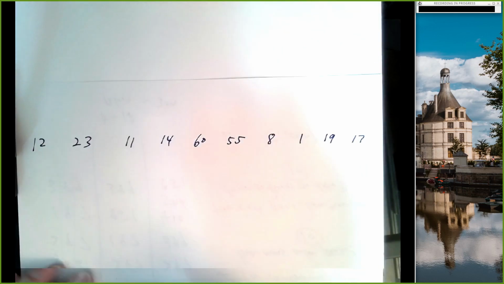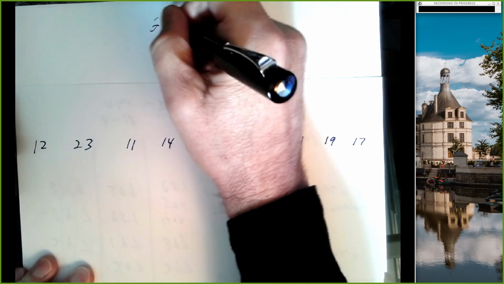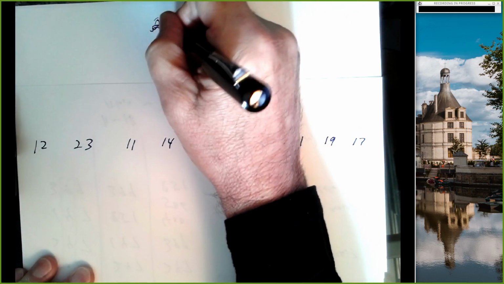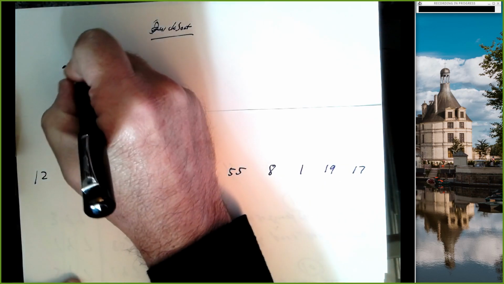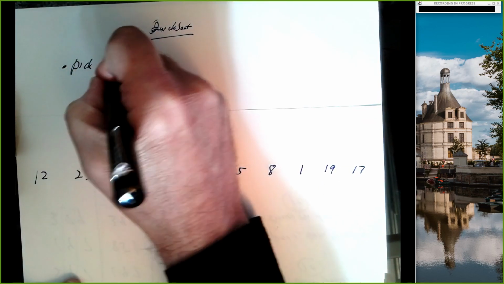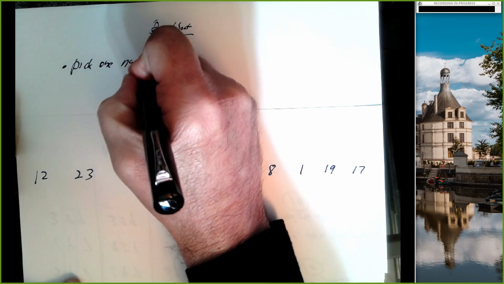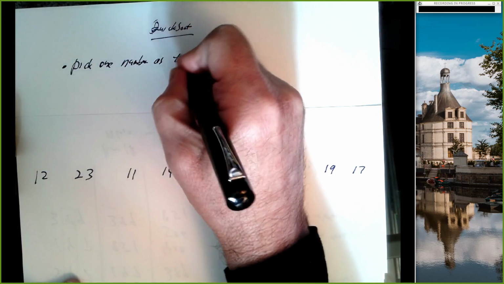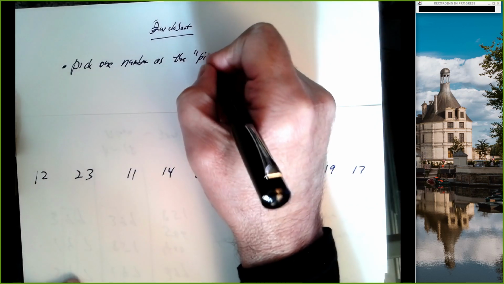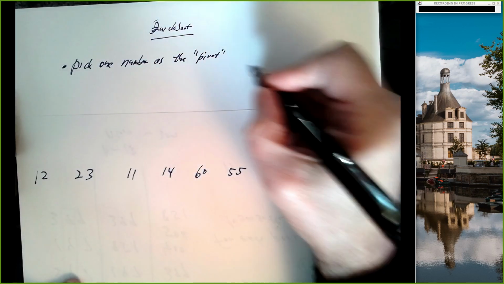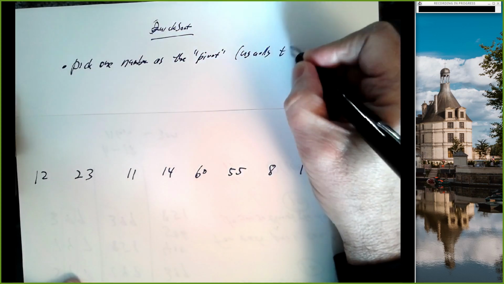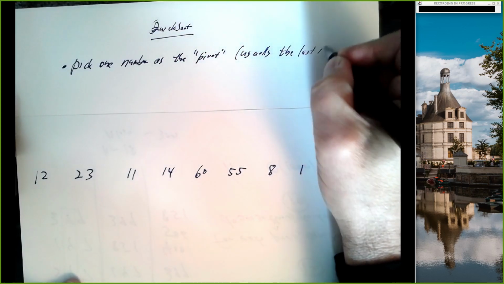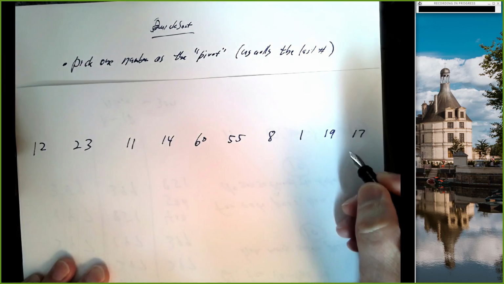All right, so here's how this works. We're going to pick one number as the pivot. And usually this is going to be the last number. So I'm going to pick my 17 as a pivot.